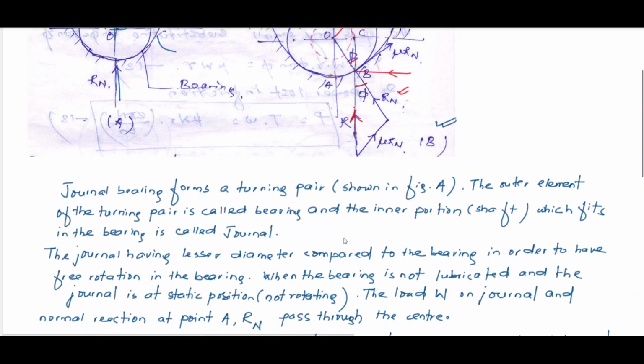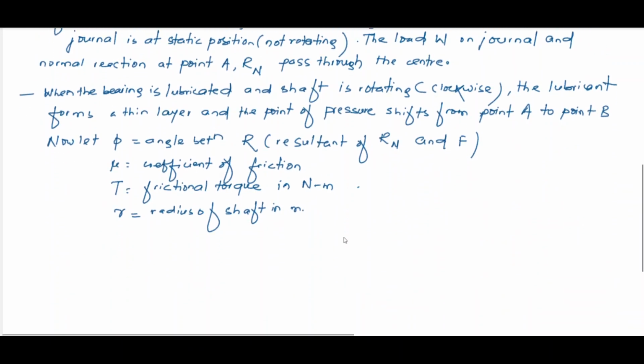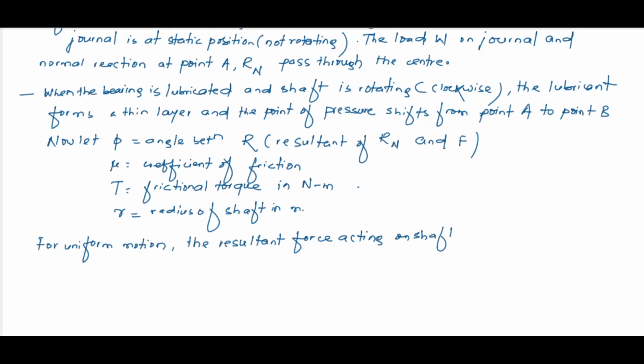In this case we can write that for uniform motion, the resultant force acting on the shaft should be equal to 0.